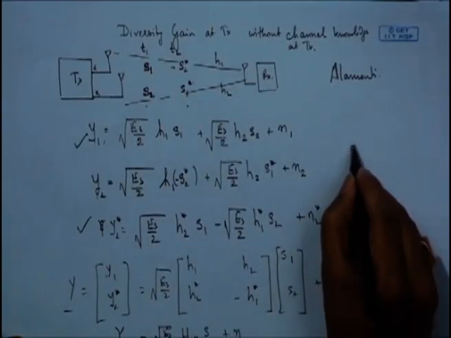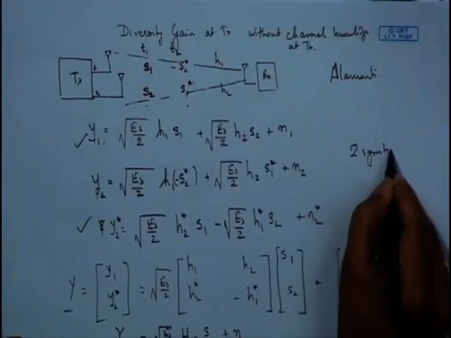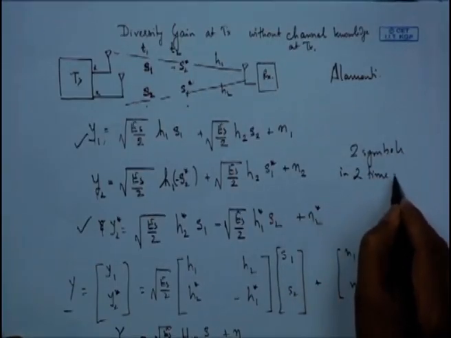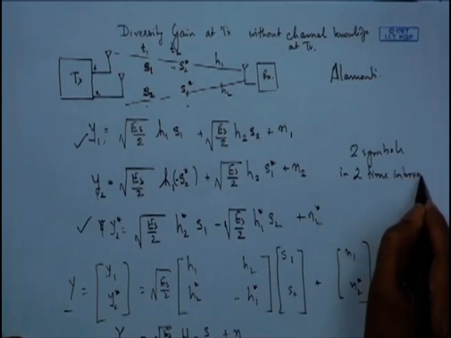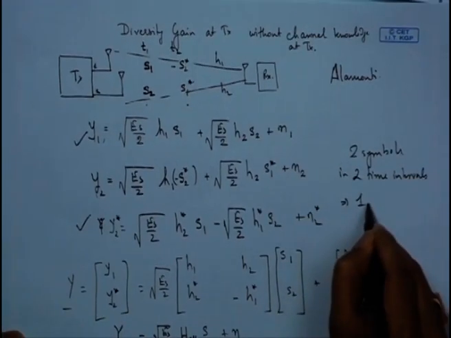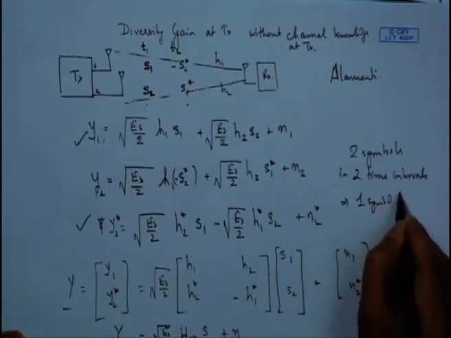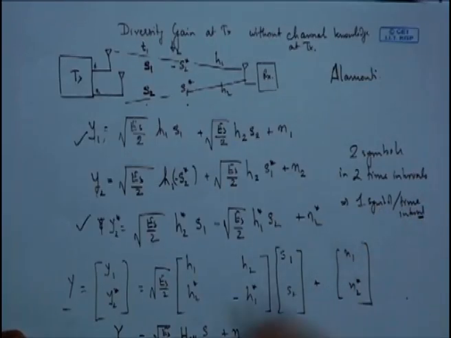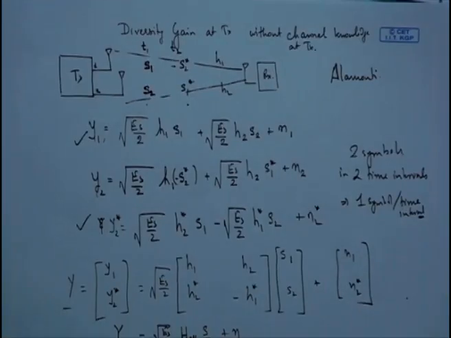So basically we have two symbols in two time intervals. That means we have one symbol per time interval, so we are not losing out in terms of our symbol rate. At every time we are using the channel, we are sending one symbol, as in the case of SISO, and we are getting the full order of diversity.